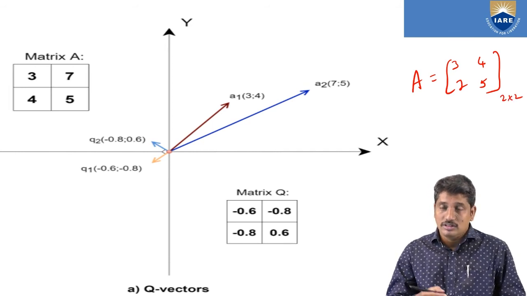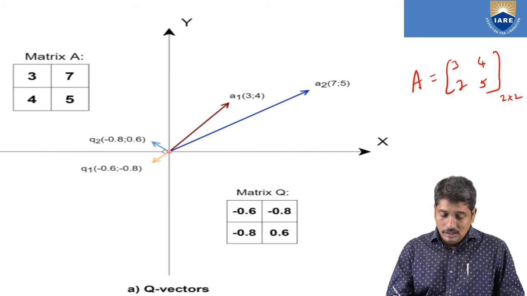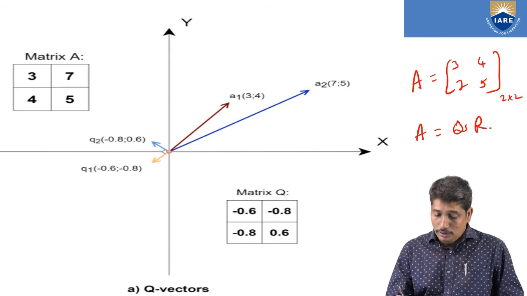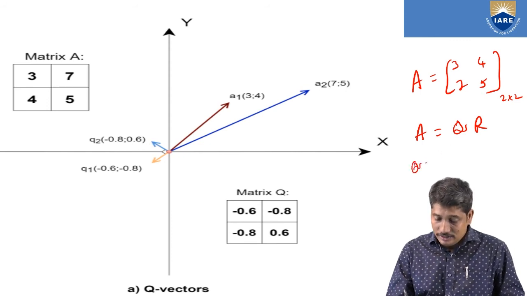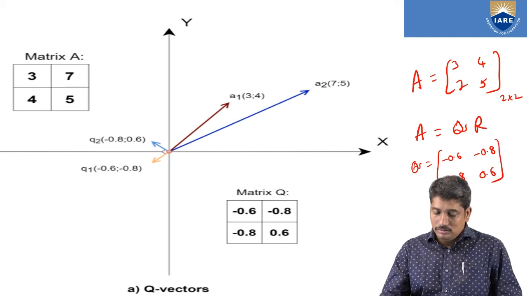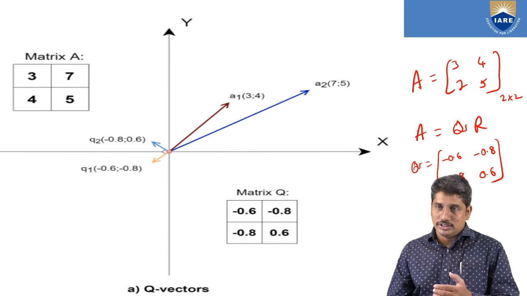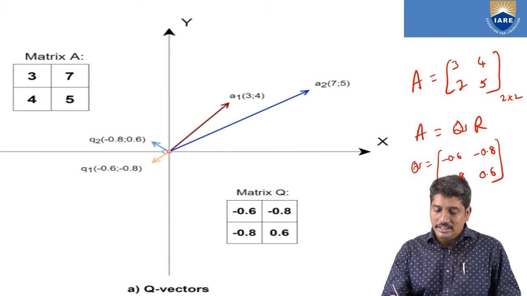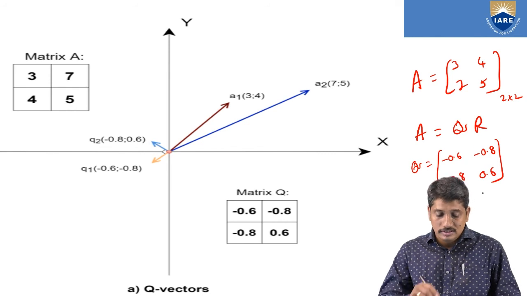And by using the same Gram-Schmidt process, we have decomposed A into the product of Q and R, where Q is the matrix minus 0.6, minus 0.8, minus 0.8, 0.6, and R will be disclosed in the next slide while projecting that. Okay, so A is decomposed into Q into R, where Q is this.